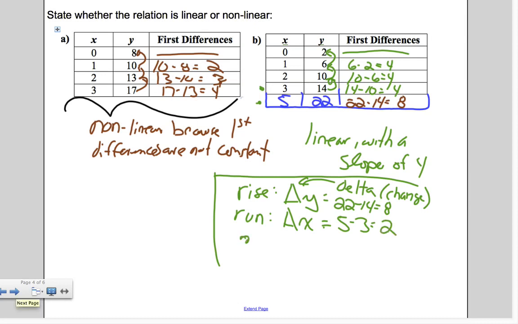So what's the slope here? It's 4. So slope is delta y over delta x. 8 over 2 is equal to 4. It's a triangle, so delta y over delta x.